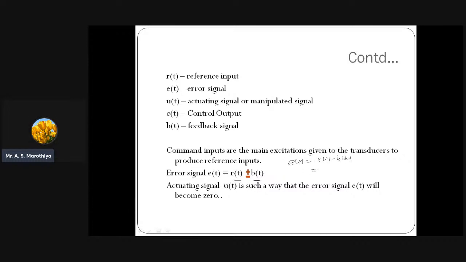If we are dealing with a positive feedback signal, it is R of t plus B of t. These points you have to remember. The actuating signal is generated in such a way that the error signal is always going to be 0. That is our final objective: we want to minimize the error signal so that the system always generates the desired output for which it is designed.